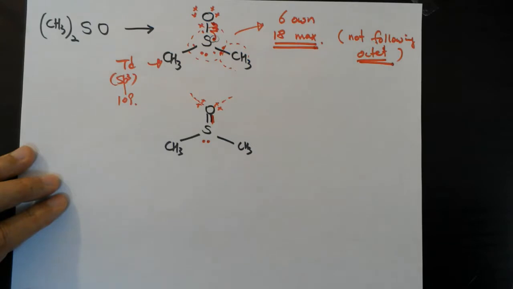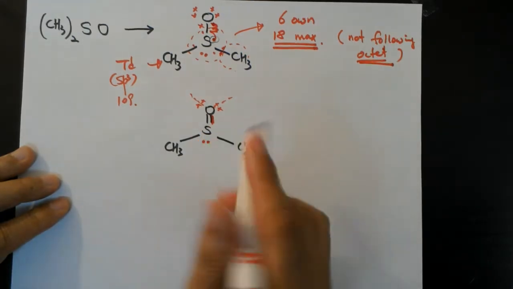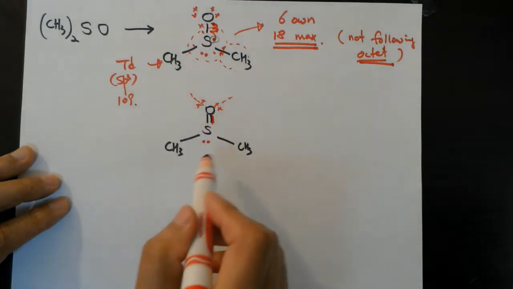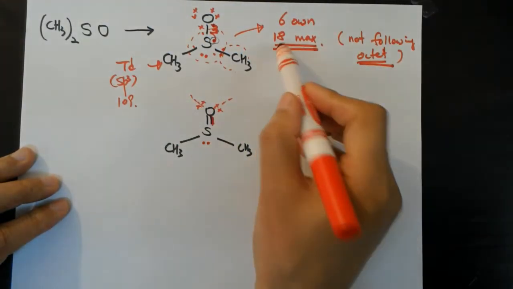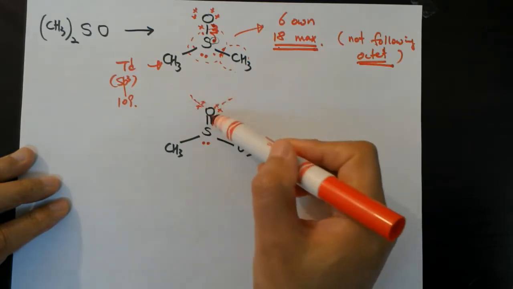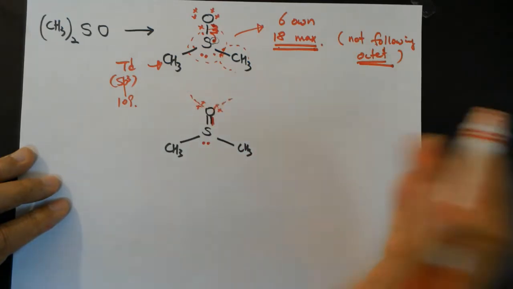They don't have to have 18. It just means it cannot have more than 18 due to the size of the shell, too much repulsion causing them to be not stable. So sulfur is fine, and it has 1, 2, 3, 4, 5, 6 its own electrons. Total 10, 6 its own, so neutral, and it's fine with the 10, which is under 18. Oxygen has 2, 4, 5, 6, neutral, then total 2, 4, 6, 8, neutral, so this is perfect.